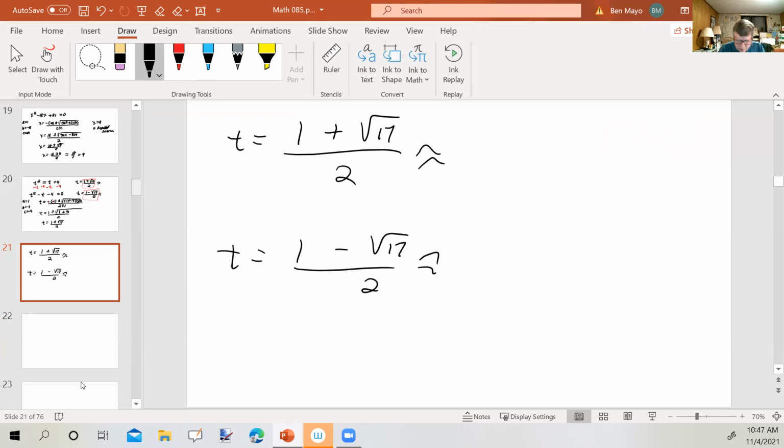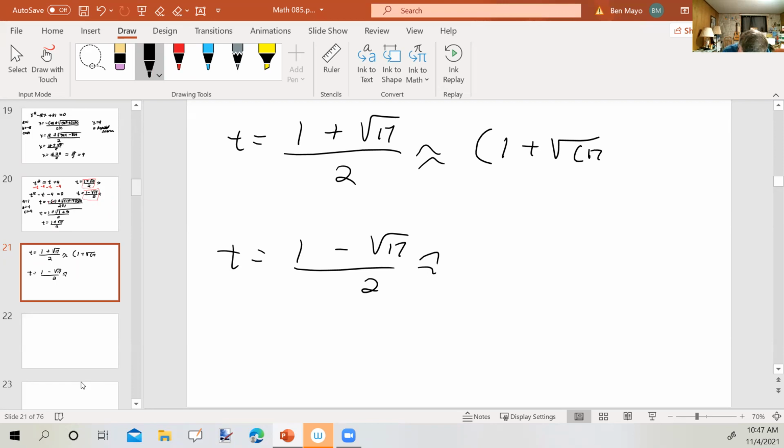Okay. So for the first one, with my calculator on and cleared, I'm going to put in a left-hand parenthesis. Okay. Then I'm going to put in 1 plus, and then the square root. That's a second function, square root, which gives me a left-hand parenthesis. Then I'm going to put in 17.